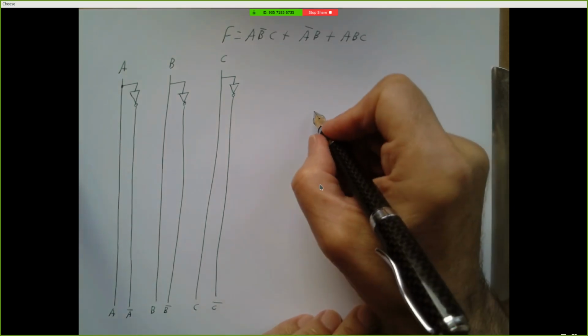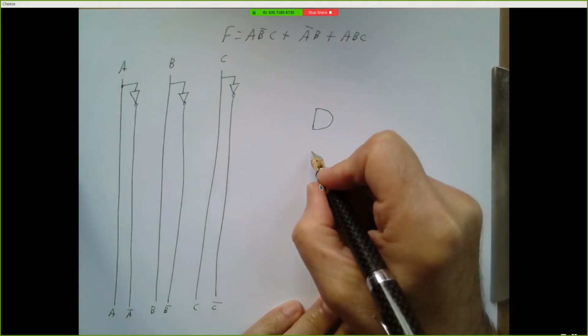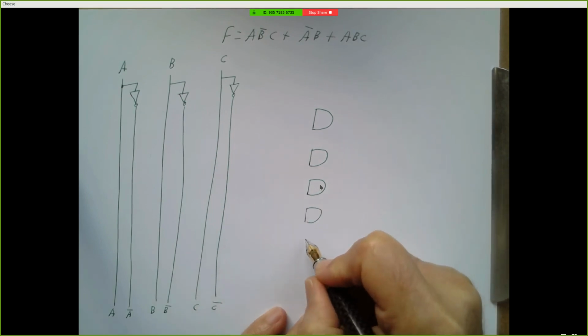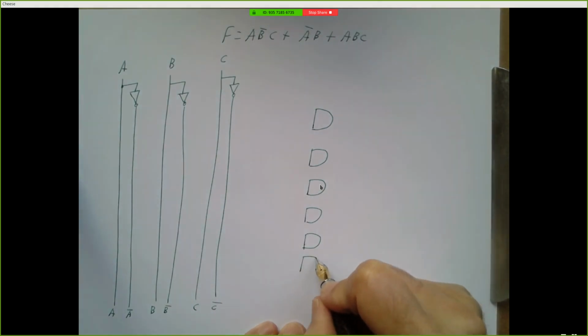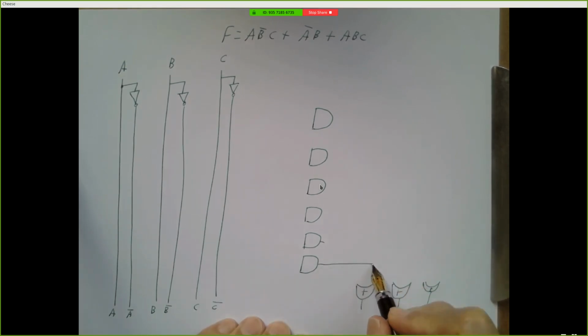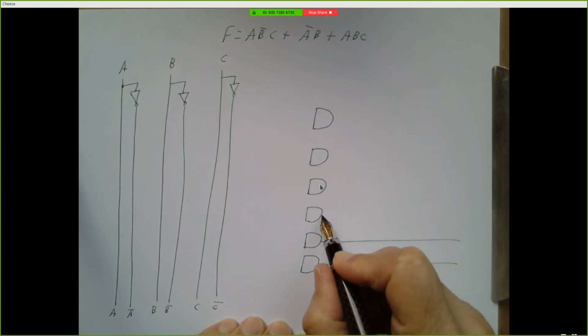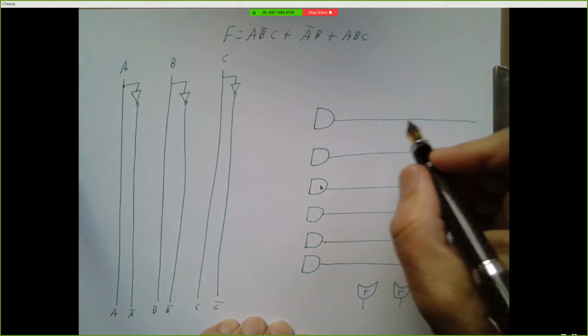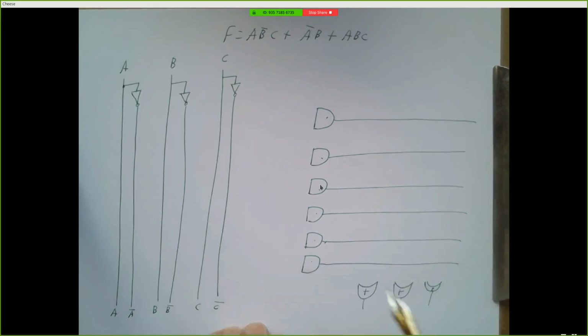And we know we're going to do products. We're going to have AND gates. Depending on how many products we might have a bunch of AND gates. And we know we're going to have OR gates. And depending on how many outputs we want to generate, we might have a bunch of OR gates. So this is kind of a template for a schematic diagram for an Engineering 250 circuit.